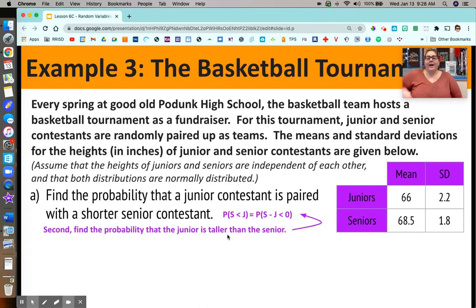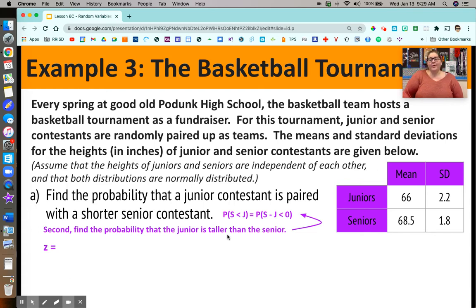Now, if I had found the mean and standard deviation for J minus S, junior minus senior, then I would be finding the probability that J minus S is greater than 0, that the junior is taller than the senior. So you can do it either way. It's just based on what you actually did in your combination step. So now that I've figured out what I want to find, we're going to set up our normal model and find our z-score.